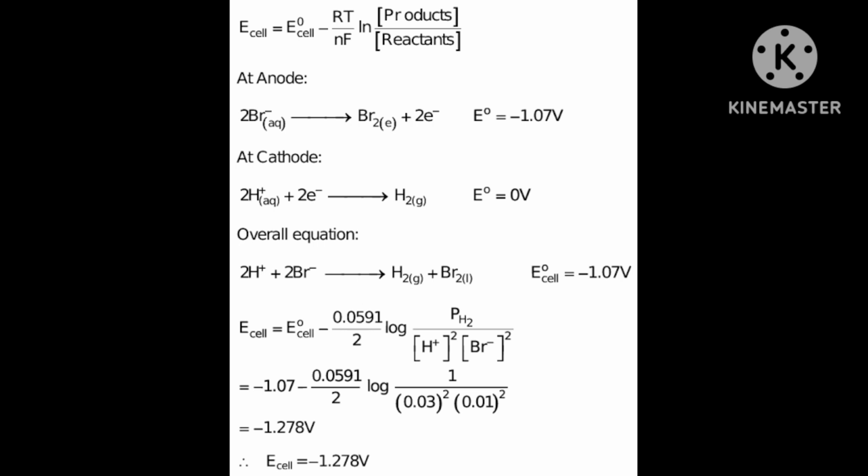Suppose you have written the equation, for example A plus B equal to C plus D. Better you write an arrow sign: A plus B gives C plus D. C and D are the products, A and B are the reactants. Then you don't know the coefficients of A, B, C and D.